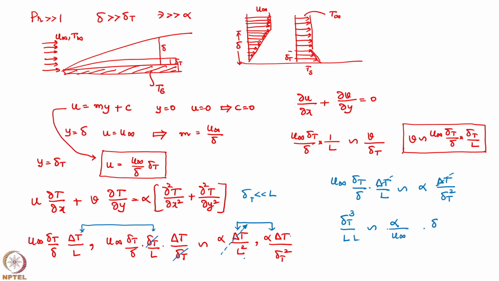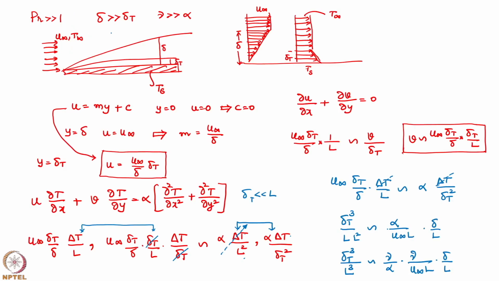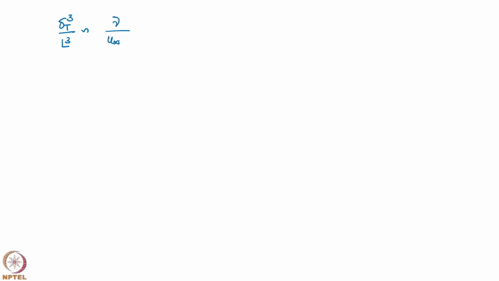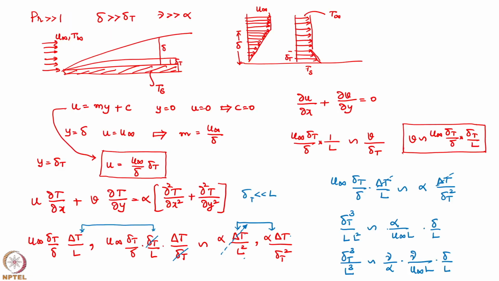Now, if you divide this side by L squared, so you put 1 L here and delta by L here, in the next step delta T cube divided by L cube is of the order of, divide and multiply by nu, that is nu by u infinity L into delta by L.